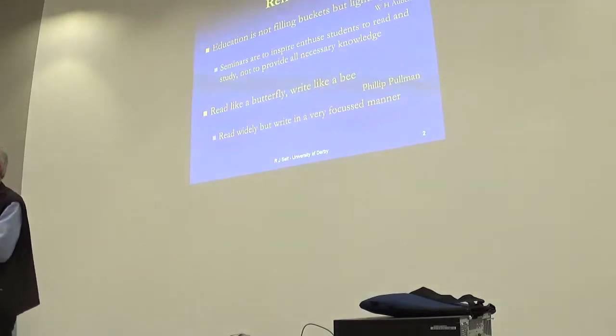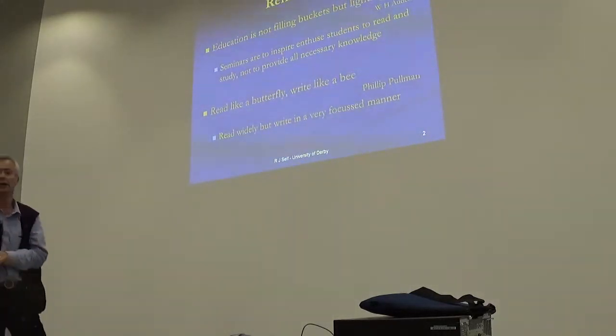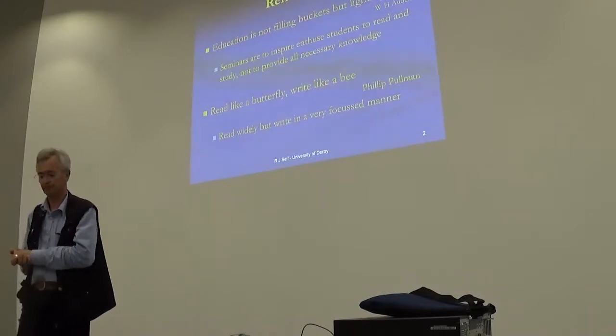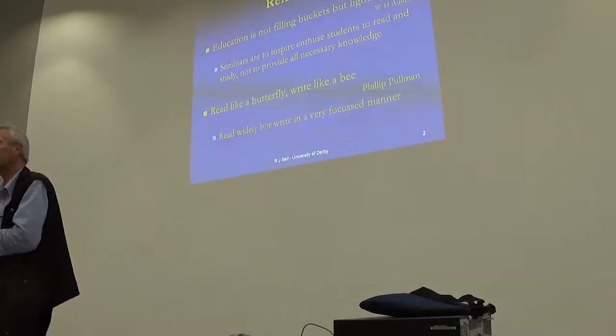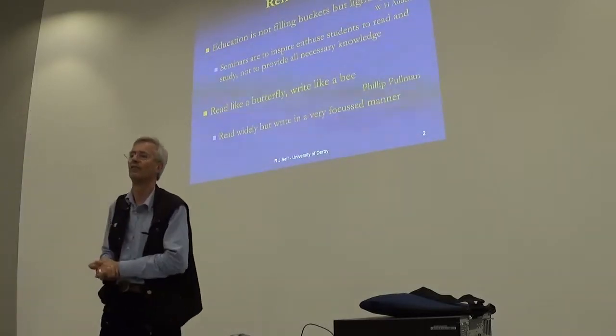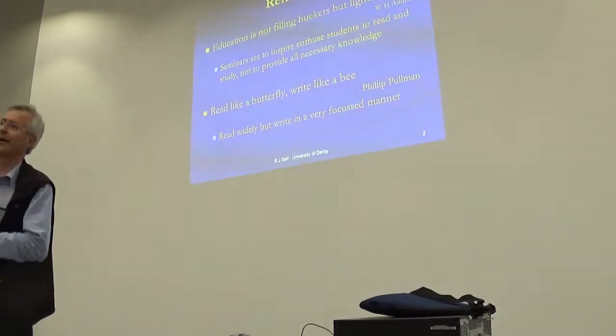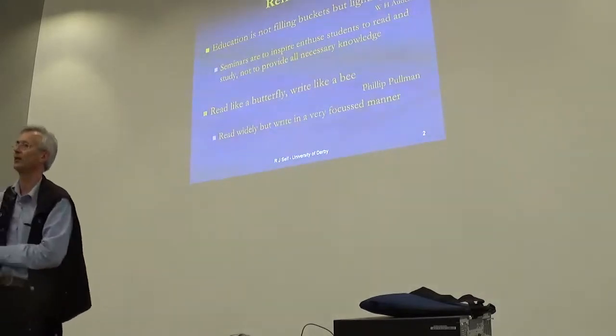Philip Pullman, of great children's stories fame, said something like, read like a butterfly, but write like a bee. What's the difference between a butterfly and a bee? Why would he say, read like a butterfly, write like a bee? Bees are aggressive. What is it about the flight pattern and the home of butterflies and bees?